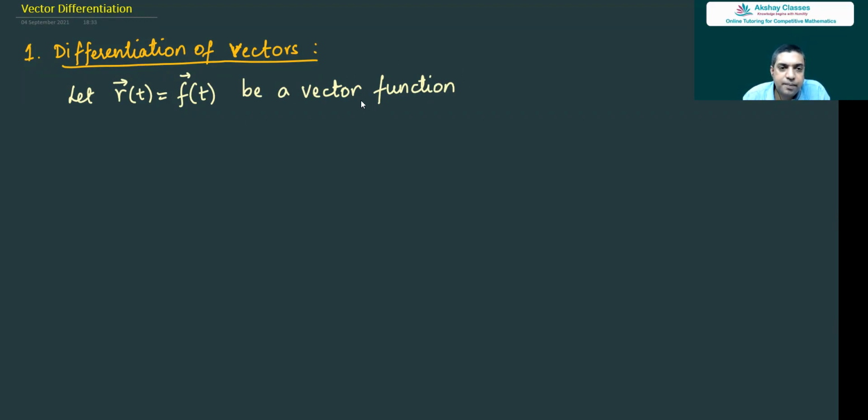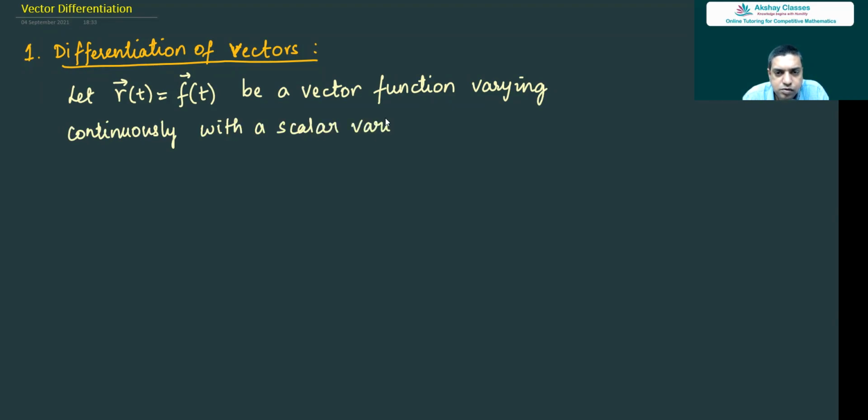So let f be a vector function, or r of t, which is f of t, be a vector function varying continuously with a scalar variable t.